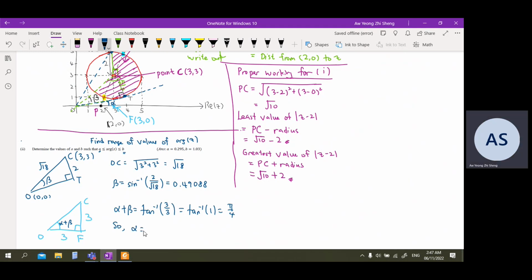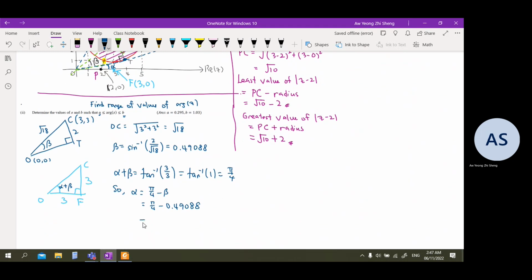So our alpha will be pi over 4 minus beta, which is pi over 4 minus 0.49088. And that would be 0.295 to 3SF.